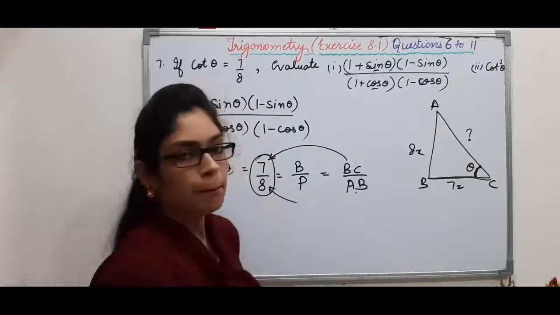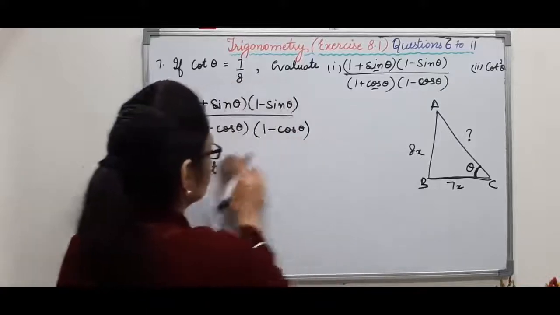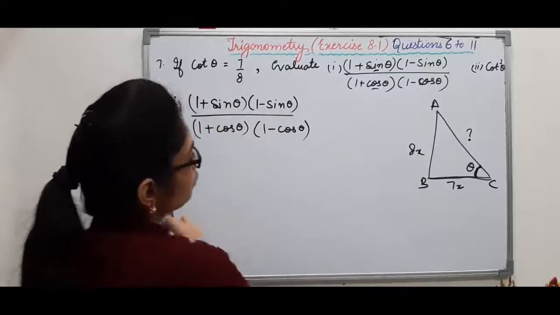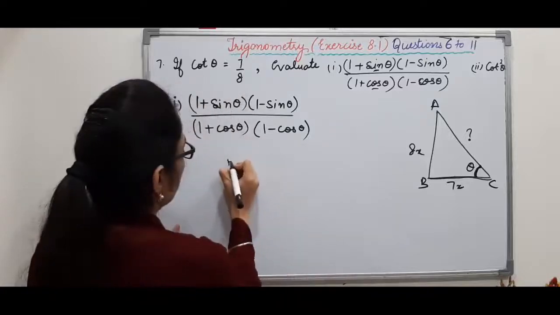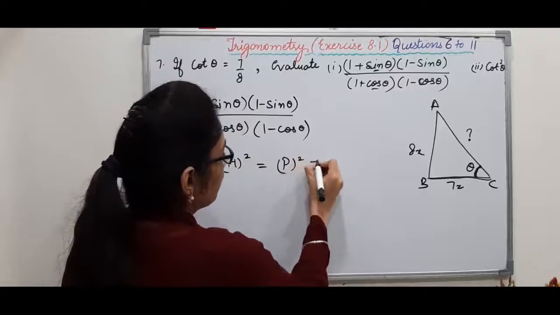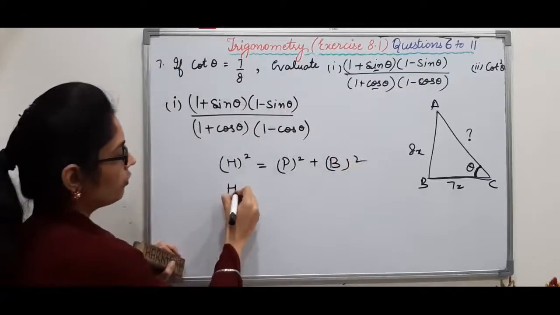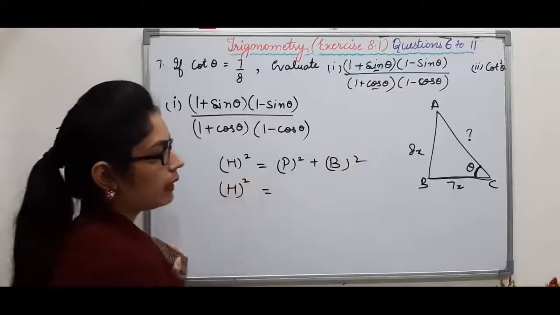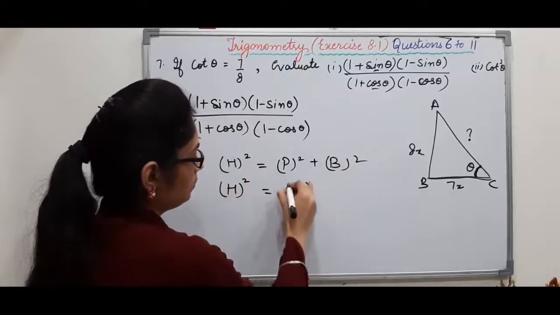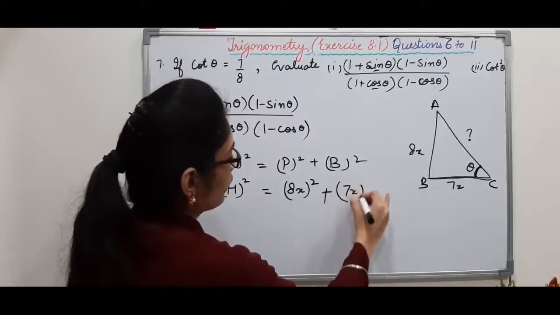We will apply the Pythagoras theorem: hypotenuse square equals perpendicular square plus base square. Perpendicular is 8x whole square plus 7x whole square.